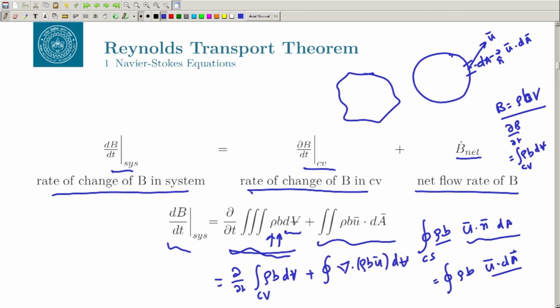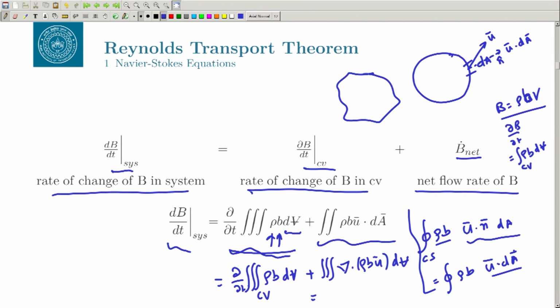This is what the Gauss divergence theorem does: it changes from area to volume. Now, if you make an assumption that your control volume is stationary, then del by del t can go inside, and you can take the integral sign out.